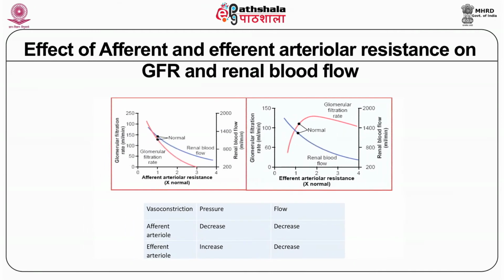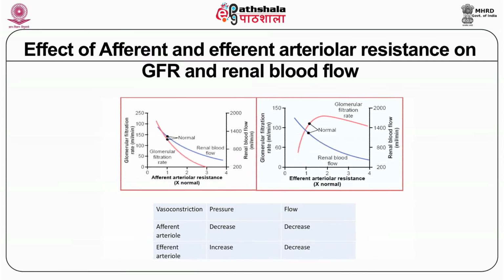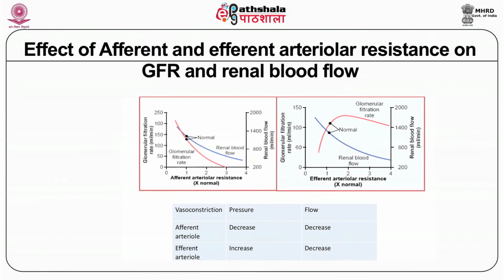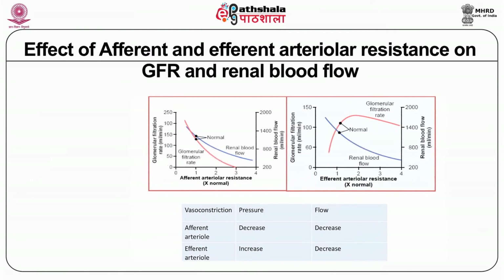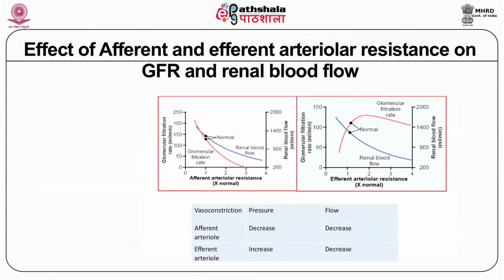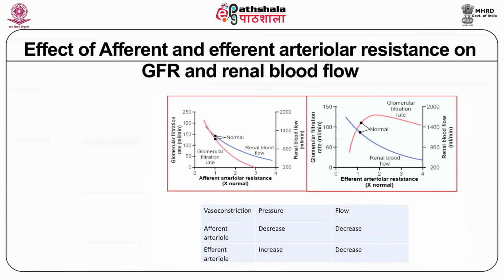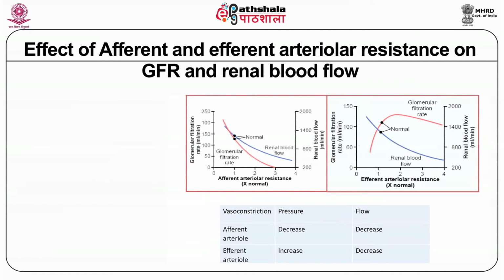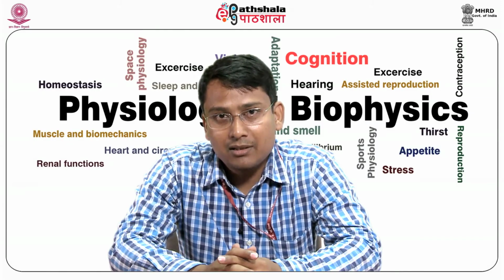Now, as the afferent arteriolar resistance is increased, both renal blood flow and GFR decrease, and as the efferent arteriolar resistance is increased, the renal blood flow certainly decreases, but the GFR increases initially and decreases later.